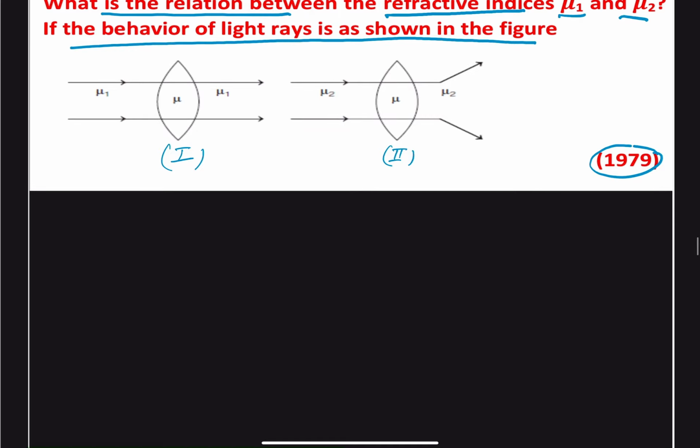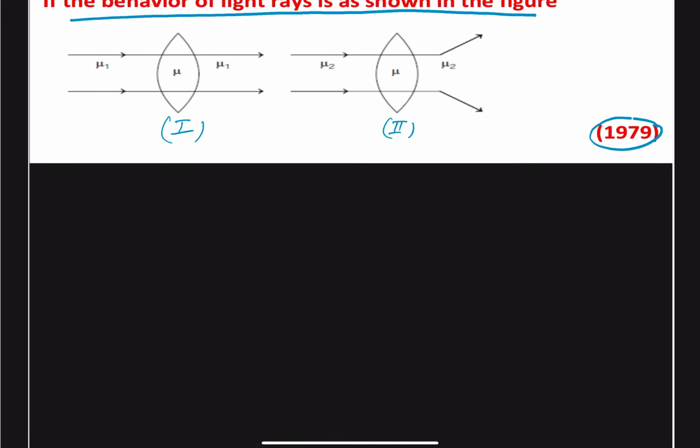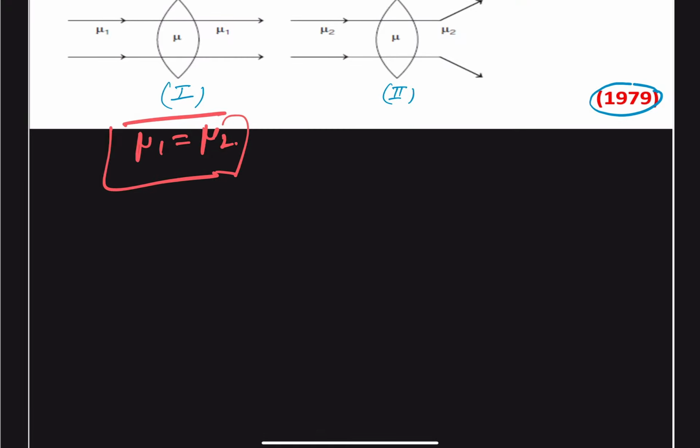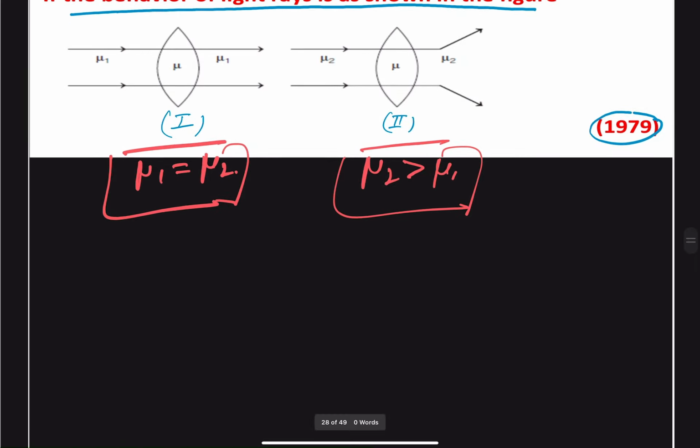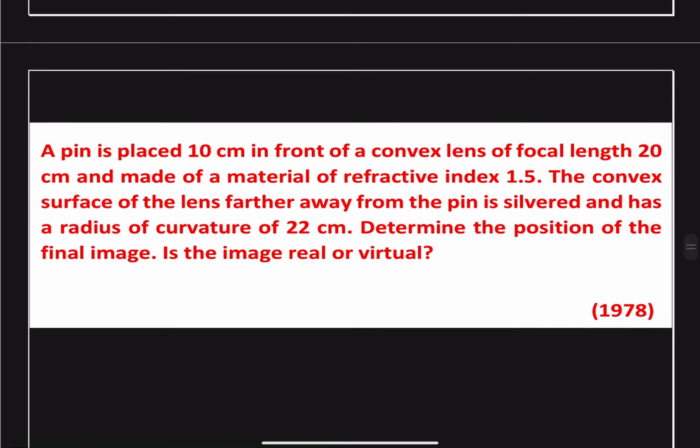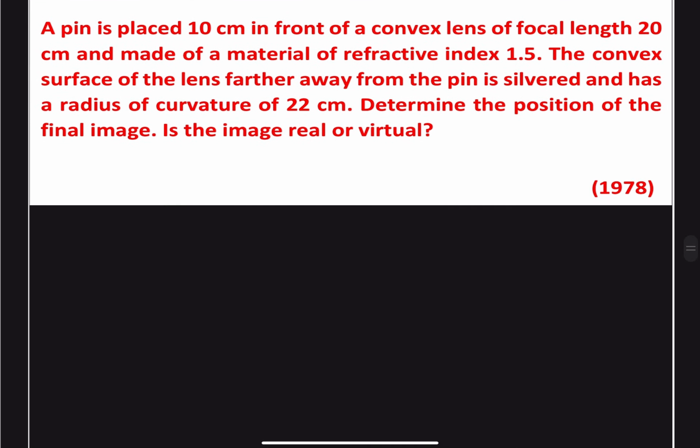Therefore, for the first, mu1 should be equal to mu2, and for the second part, mu2 should be greater than mu1. So this is the basic characteristic, because of this, the behavior of the lens.